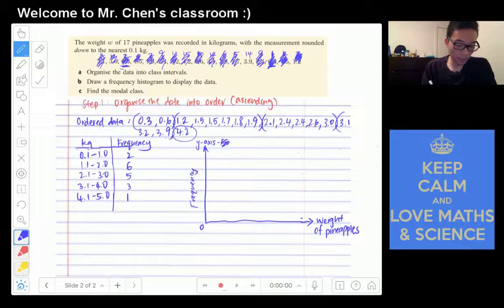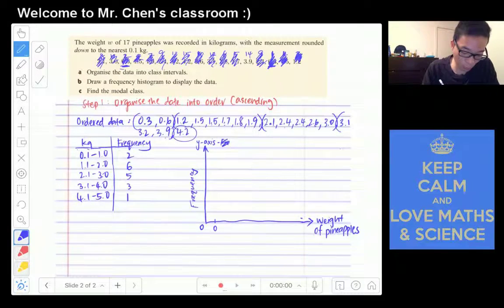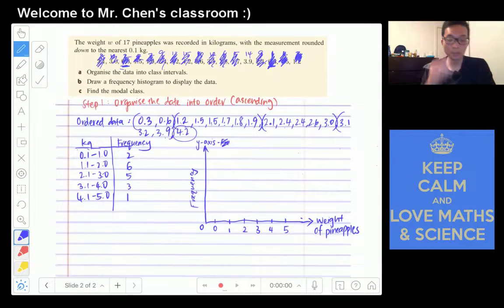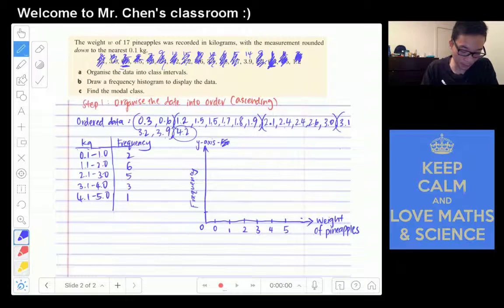So, how do you do it? After that, you might ask. To do that, you just need to start from 0 to 1, then 1 to 2, 2 to 3, 3 to 4, 4 to 5. Once you draw that, you just need to check how many frequencies there are: 1, 2, 3, 4, 5, 6.